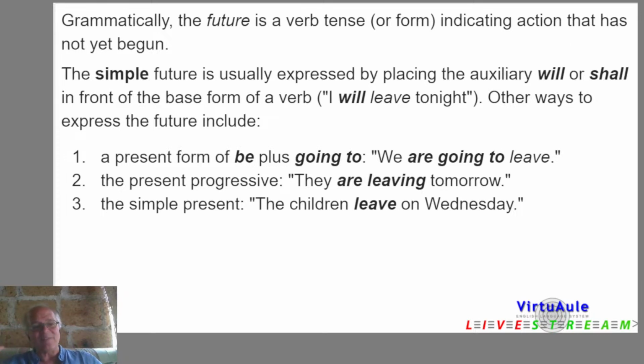So this form is also an auxiliary, an auxiliary phrase, not an auxiliary word. It's an auxiliary phrase because it consists of different words, are going to. And we can change it: I am going to leave, you are going to leave, they are going to leave, he is going to leave.